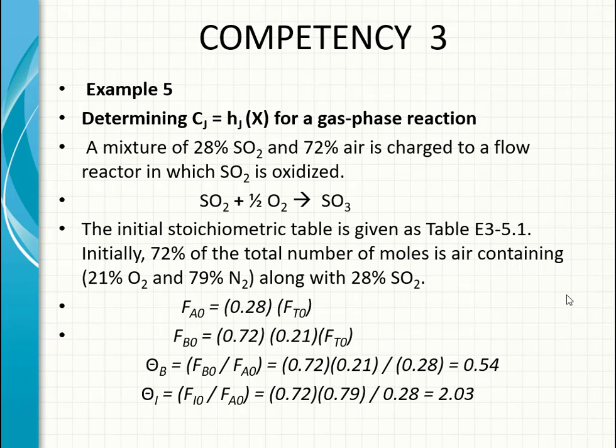Here we have a mixture of 28% of SO2 and 72% of air, both of them charged to a flow reactor in which SO2 is oxidized to SO3 by the reaction SO2 plus half of oxygen will give us SO3. The initial stoichiometry table is given as table E3/5.1.